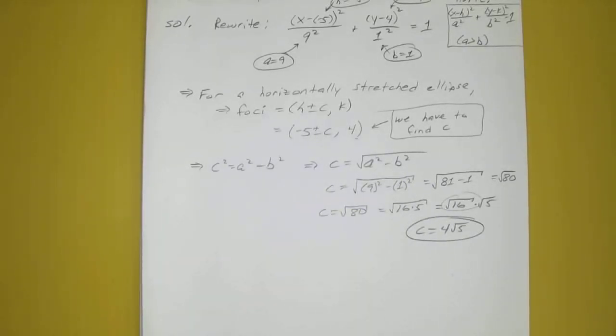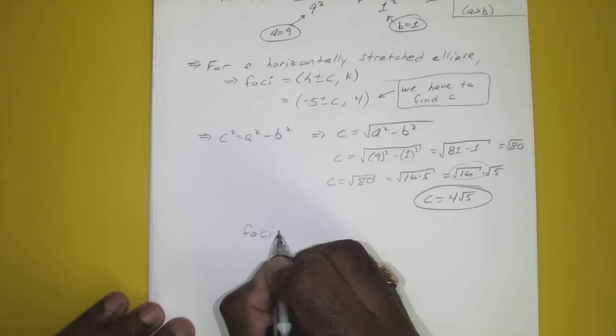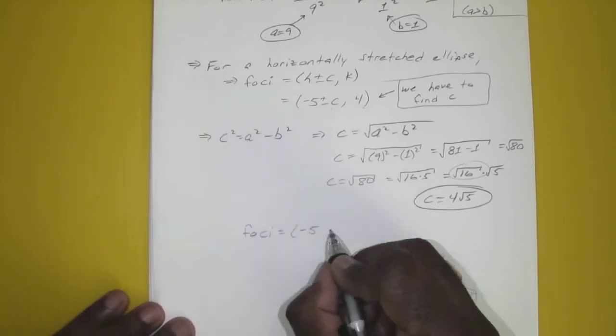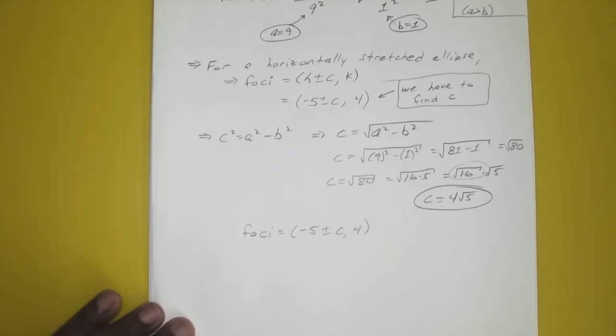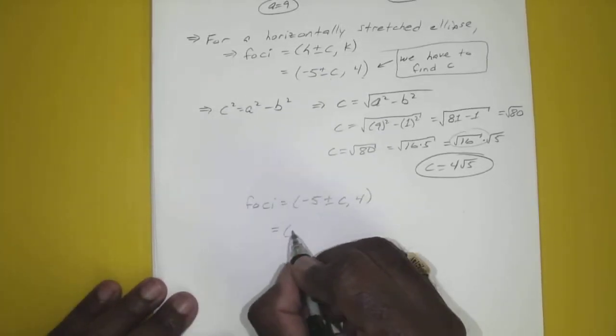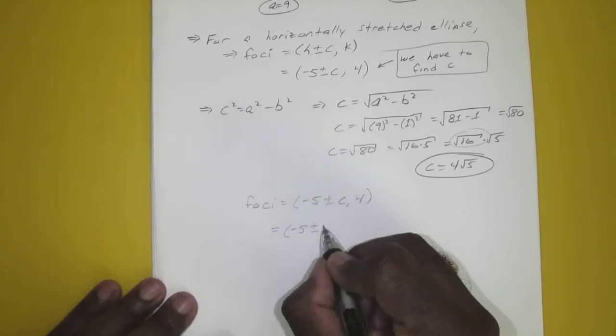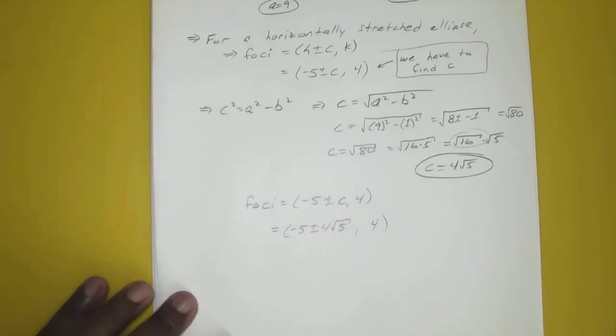Okay, so we have our c, which means all we have to do is plug it into that. So since we know that our focus point is -5 plus or minus c, 4, if we replace that c, it's just going to equal -5 plus or minus 4 square root of 5, 4.